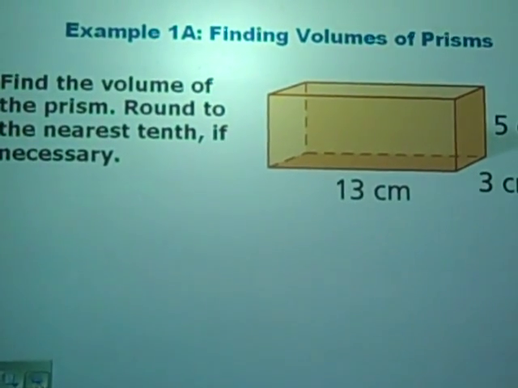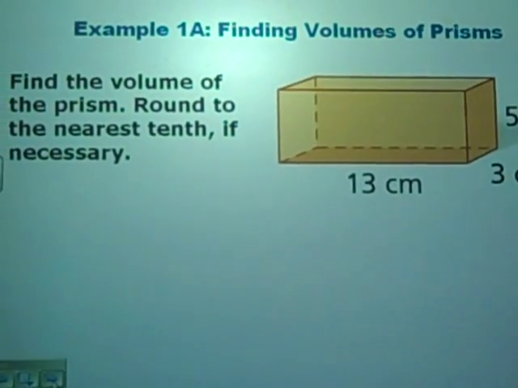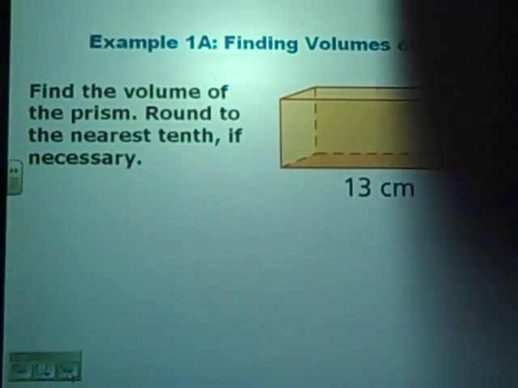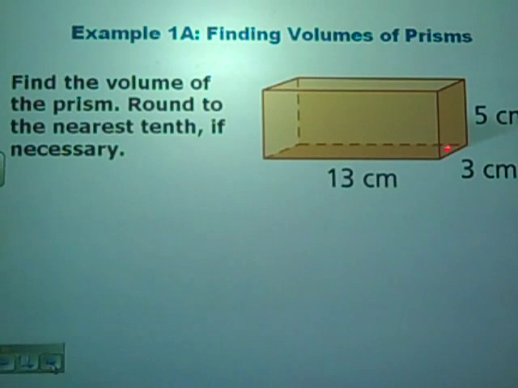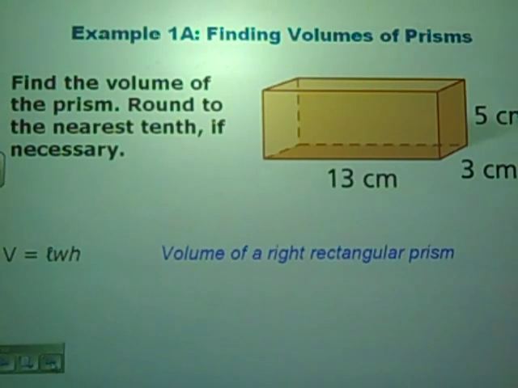Now let's find the volume of a prism. Welcome back. Here I have a rectangular prism. Notice the base is a rectangle, and it has a height of 5 centimeters. So to find the volume of a prism, step 1 is always write your formula down. And the formula is length times width times height.